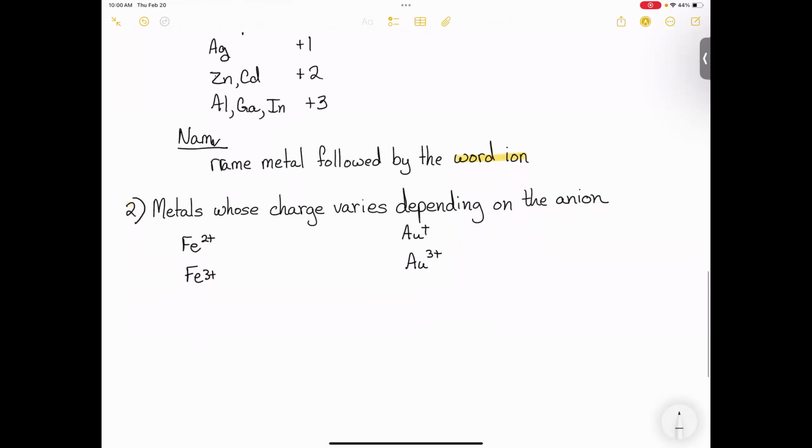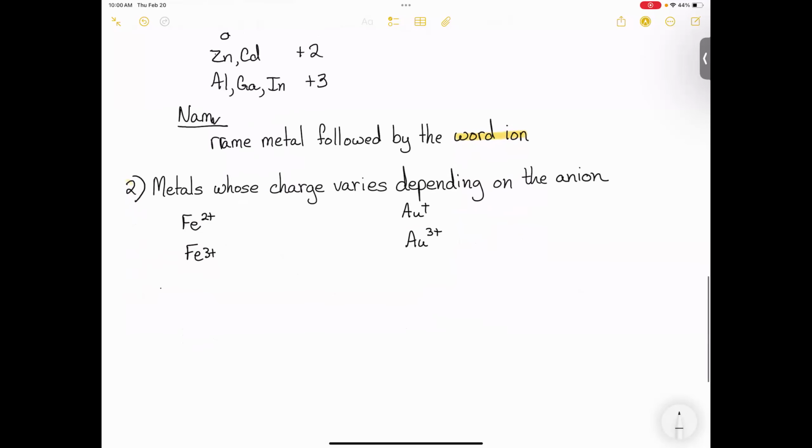Now, let's talk about how to name them. To name these metals, it is insufficient to simply call it by the element name followed by the word ion, because I need to know what charge they have.